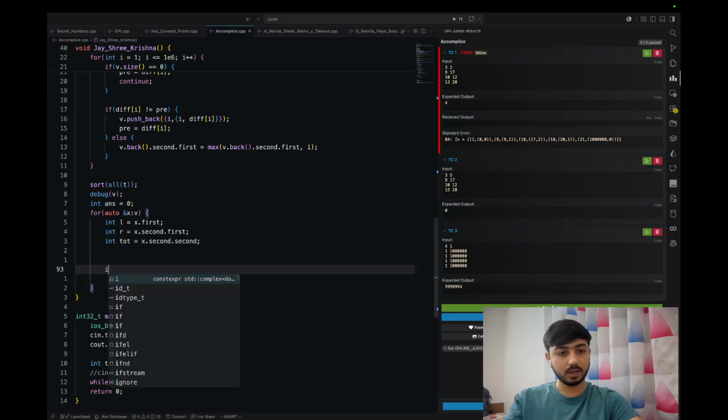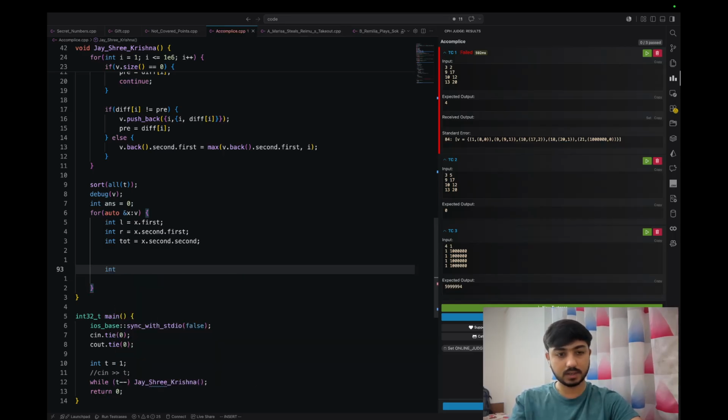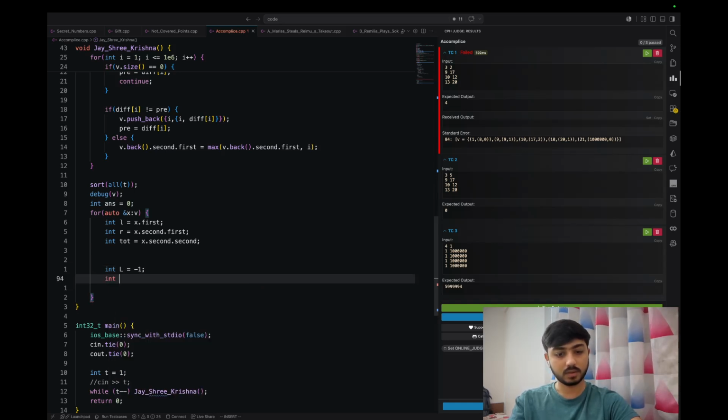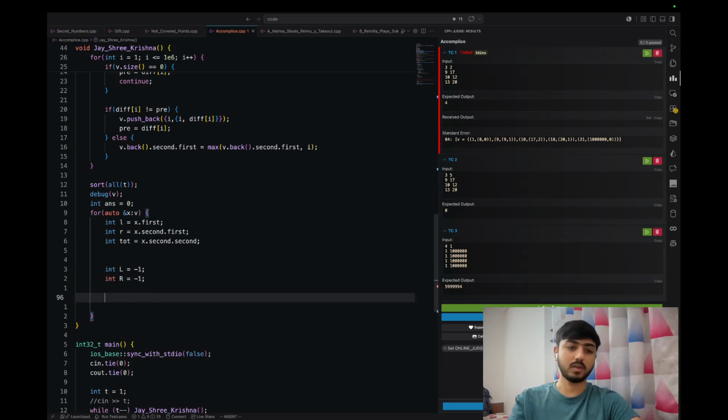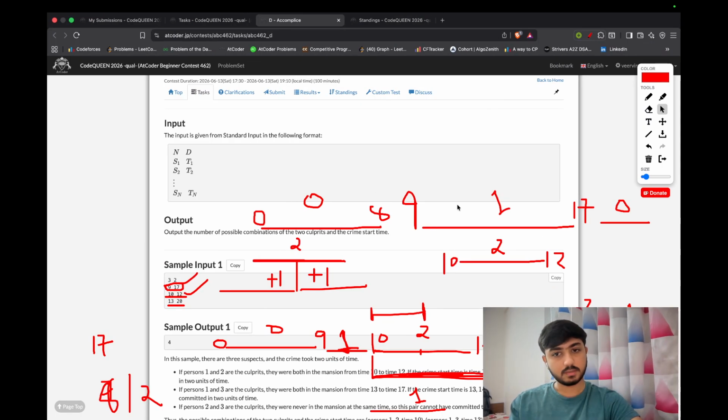To find the first index, L is the first breakpoint and R is the last breakpoint in this interval.